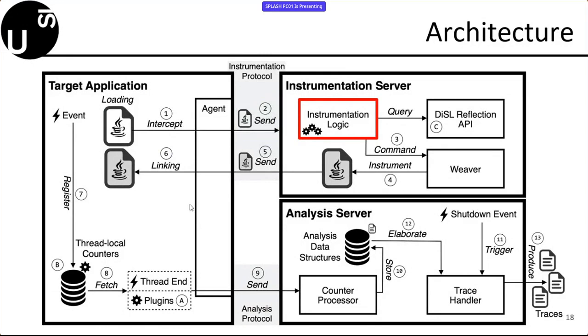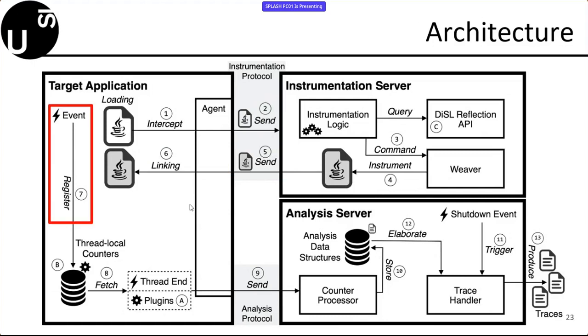Here in the server, the instrumentation logic determines which methods of the class that has been just received should be instrumented, and then it instructs the weaver to perform the instrumentation. After the instrumentation, the potentially instrumented class is sent back to the target application where the class will be linked to the memory of the JVM.